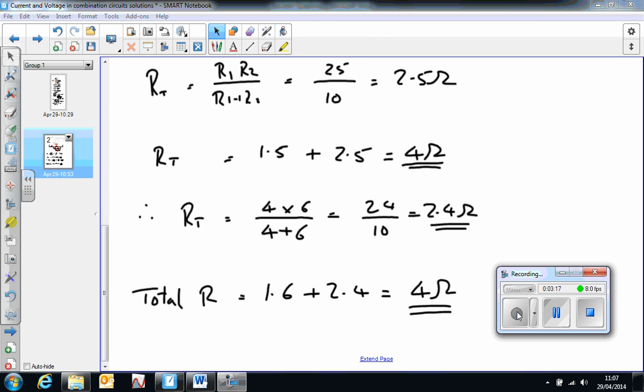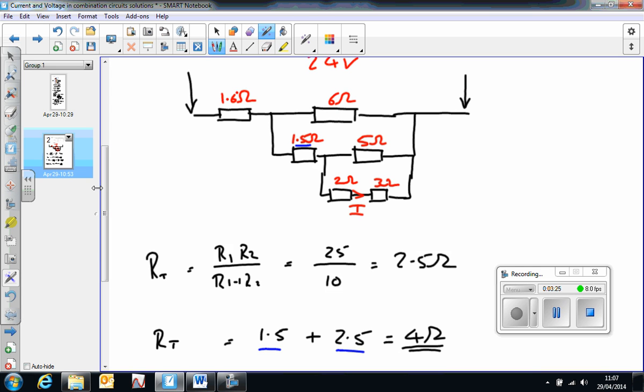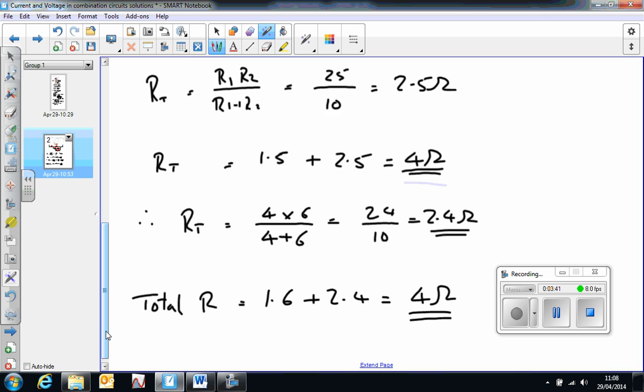Okay, so adding my 2.5 ohm resistor to the 1.5 ohm in series with it gives me 4 ohms here. And now what I'm going to do is put that 4 ohm resistor in parallel with the 6 ohm and work out that resistance.